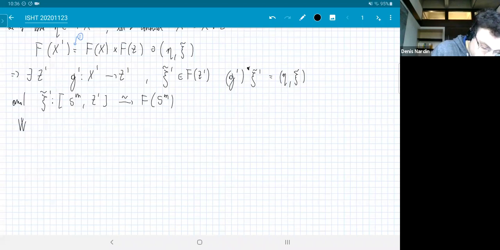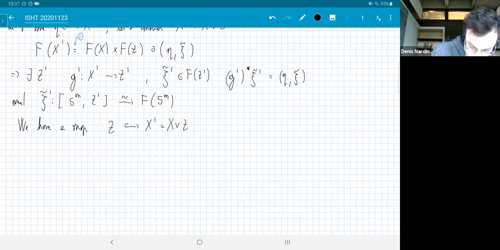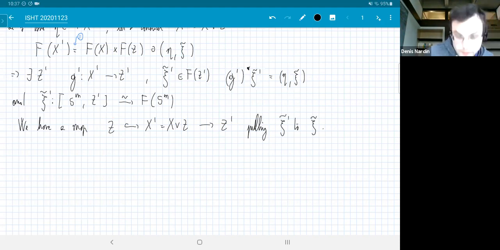So we have a commutative diagram. We have a map z goes into x prime, which remember was x wedge z, and z goes to z prime. And these pullbacks pull back psi tilde prime to psi tilde by definition. Therefore, we have a commutative diagram.